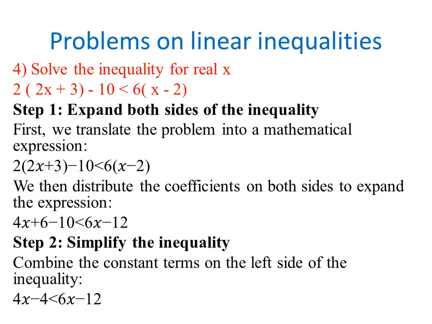In the second step, we simplify the inequality. We combine the constants on the left side of the inequality, that is 4x minus 4 is less than 6x minus 12.